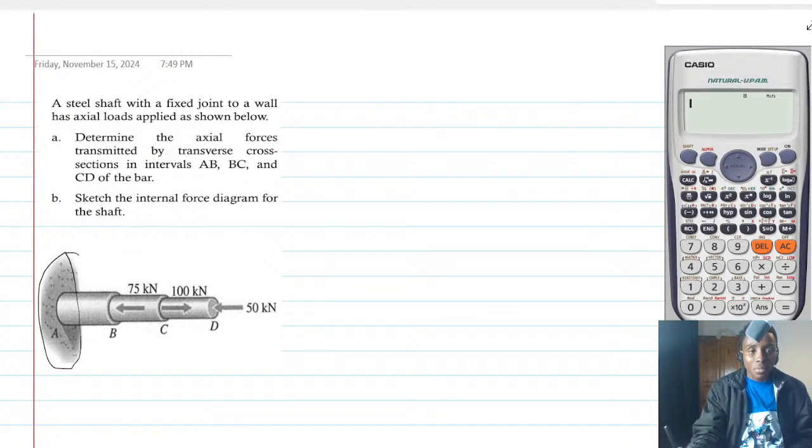All right. So let's look at this one. Now let's go straight forward. If I draw the free body diagram of this, because there is a support reaction here, this reaction is coming from the wall.